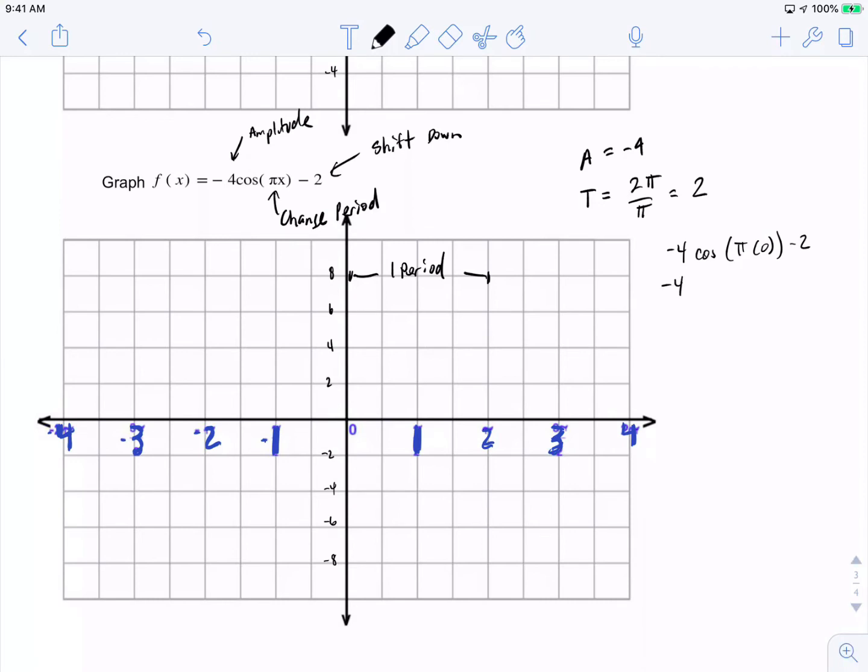That's going to give me a -4 cosine of 0 -2. But we know that cosine of 0 is 1. So -4 times 1 is -4, or -2 is going to give me a -6. So at 0, my y value is a -6, and so I'm going to plot my point right there.